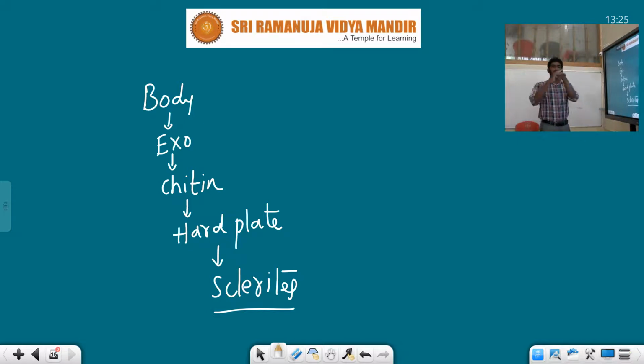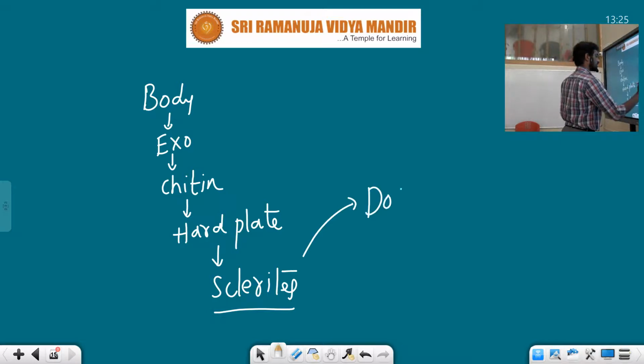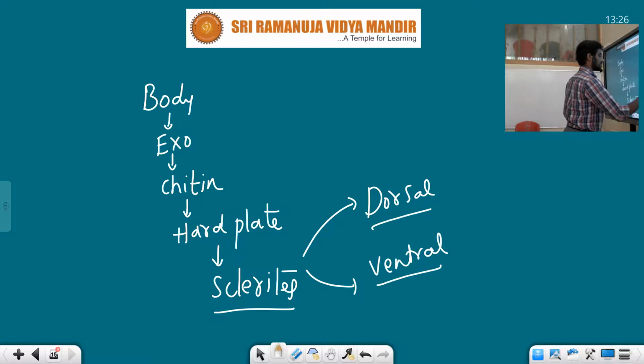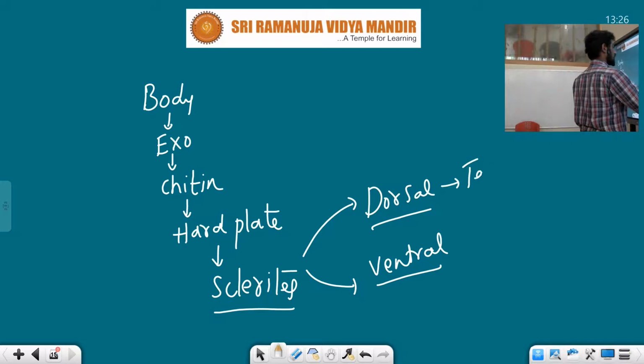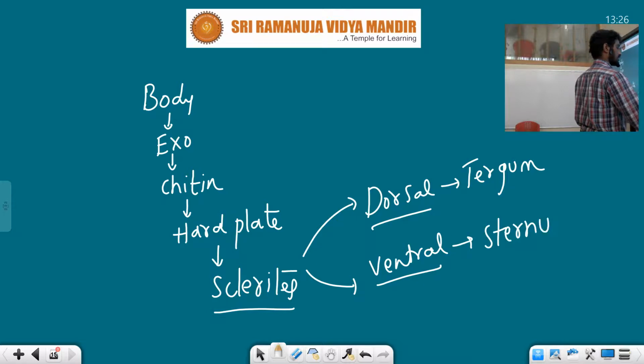This is the dorsal part and this is the ventral part of the cockroach. The dorsal part of the sclerites we call the tergum, and the ventral part is called the sternum, right, students?